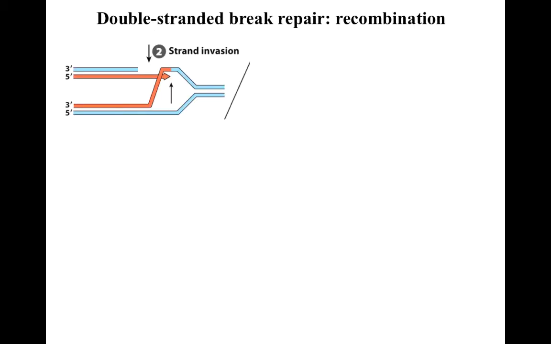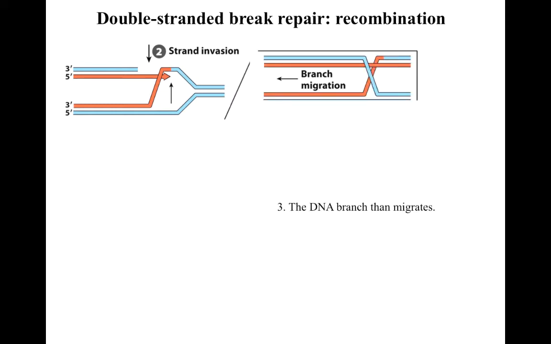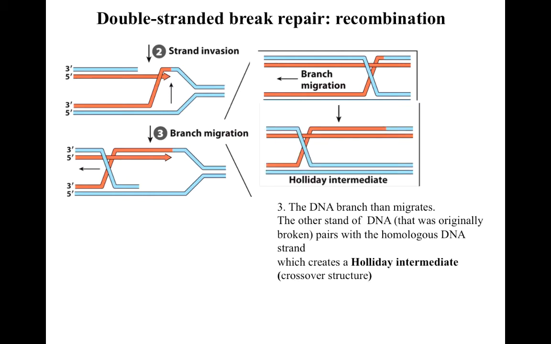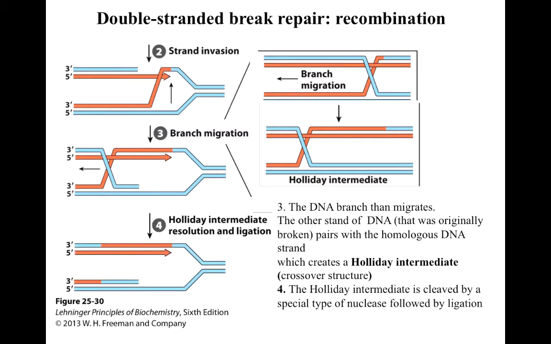So once we have strand invasion and formation of the branch structure, then we have what's called branch migration. And so in this case, the branch will migrate to the left of the break, and then the other strand of DNA that was originally broken is going to pair with the homologous DNA strand, which is then going to create this Holliday intermediate, which is this crossover structure.